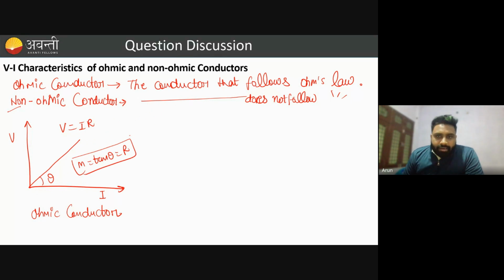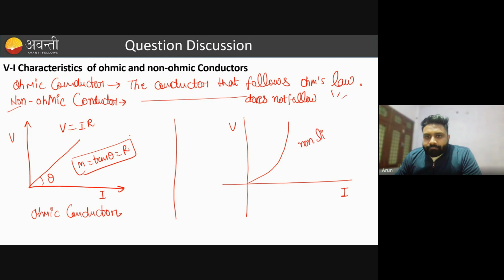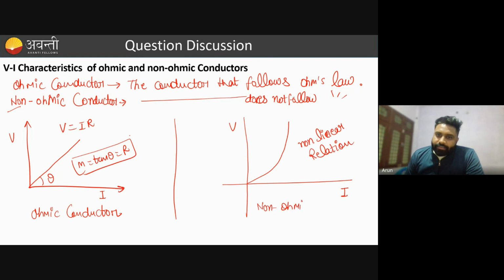Now for a non-ohmic conductor, the VI characteristic would be non-linear. This is V and this is I. This is a non-linear relation for a non-ohmic conductor.